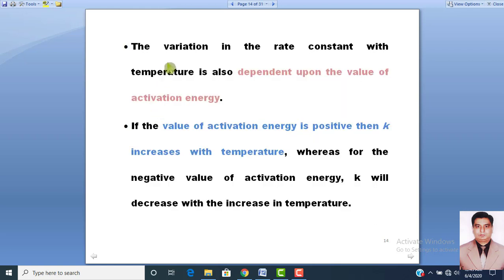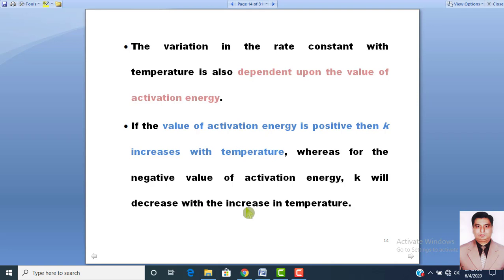Dear students, the variation of the rate constant with temperature depends upon the value of activation energy. If the value of the activation energy is positive, then rate constant K will increase with temperature, while for a negative value of activation energy, rate constant K will decrease with the increase in temperature.